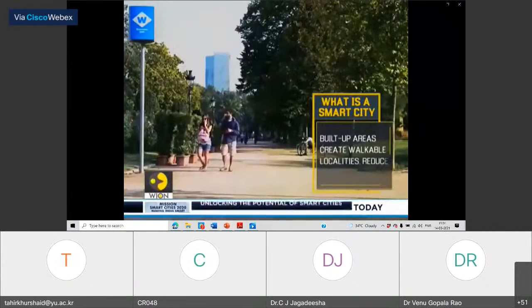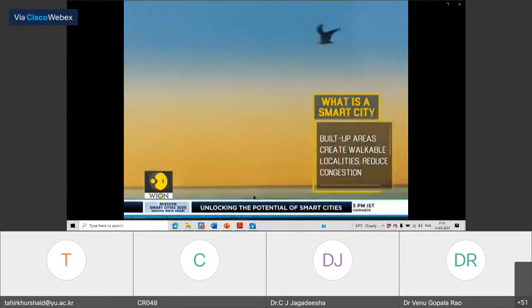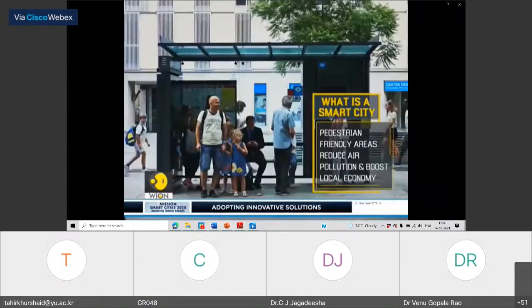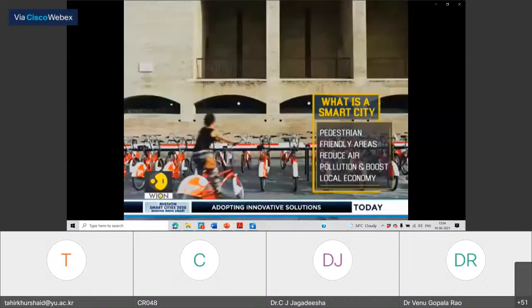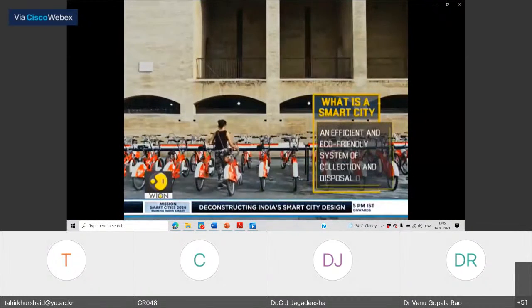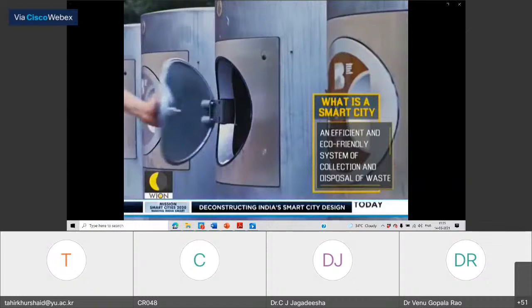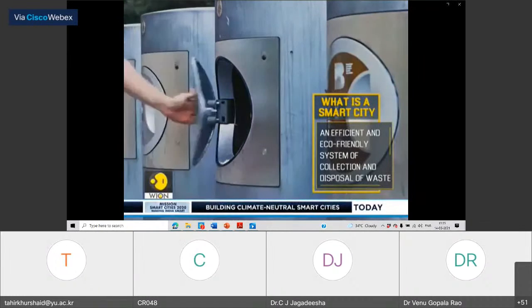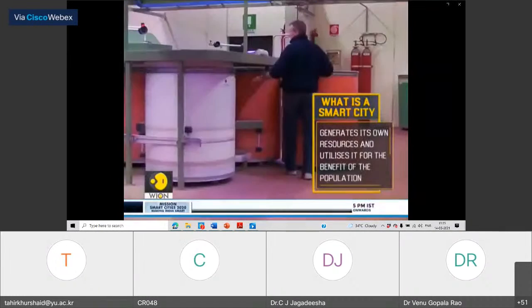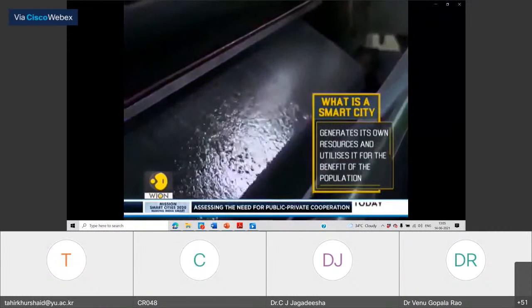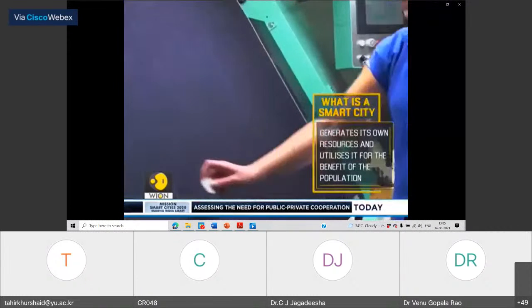Built-up areas create walkable localities, reduce congestion and air pollution, and boost the local economy. Smart cities have an efficient and eco-friendly system of collection and disposal of waste. And importantly, a smart city generates its own resources and uses them for the benefit of the population.